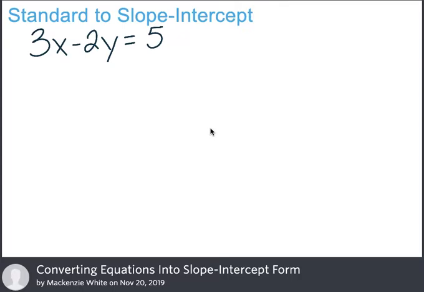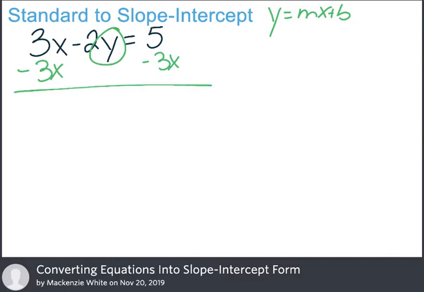So for this slide, we are given standard form, and we again want to get our equation into slope-intercept form. Slope-intercept is where y equals mx plus b, where m is your slope and b is your y-intercept. So again, the objective is we want to get y completely by itself. So the first thing you're going to want to do is subtract 3x from both sides.